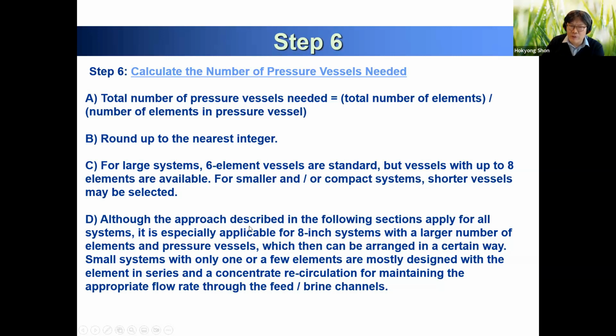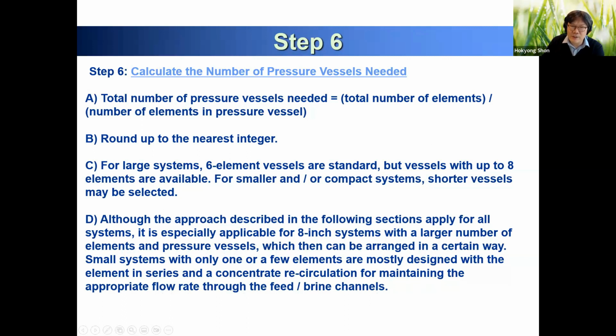Although the approach described in the following sections applies to all systems, it is especially applicable for 8-inch systems with a larger number of elements and pressure vessels, which can be arranged in a certain way. Small systems with only one or a few elements are mostly designed with the elements in series, with concentrate circulation for maintaining an appropriate flow rate through the feed and brine channel.